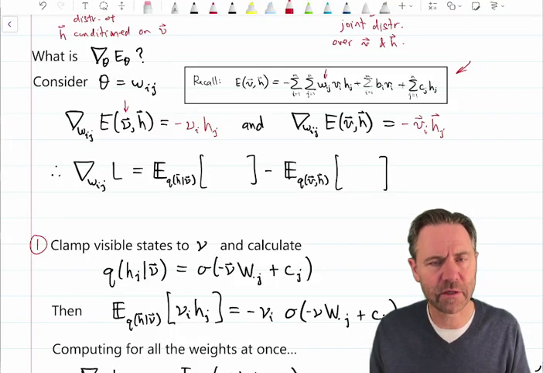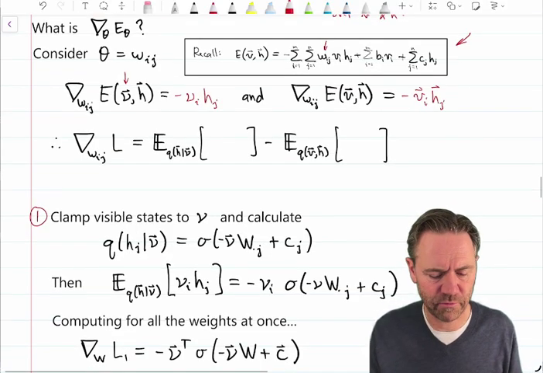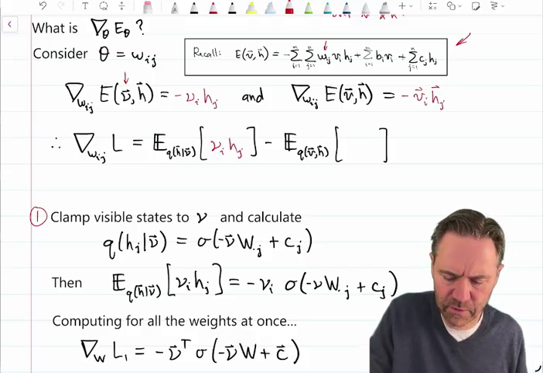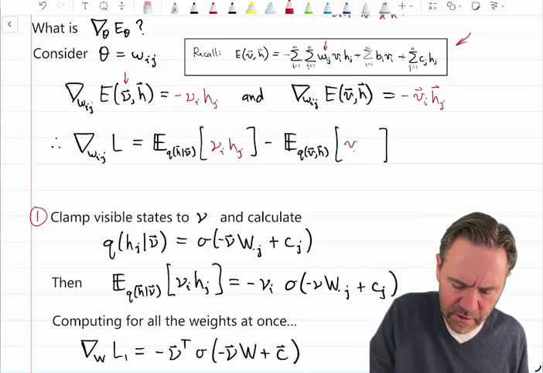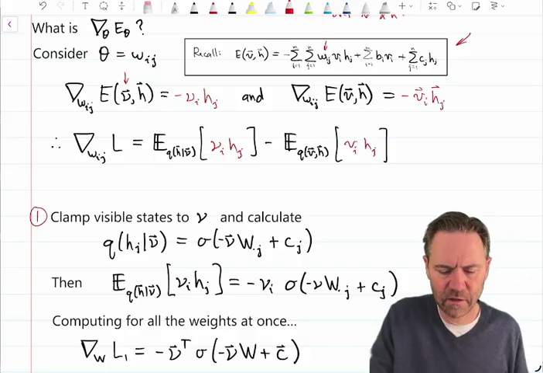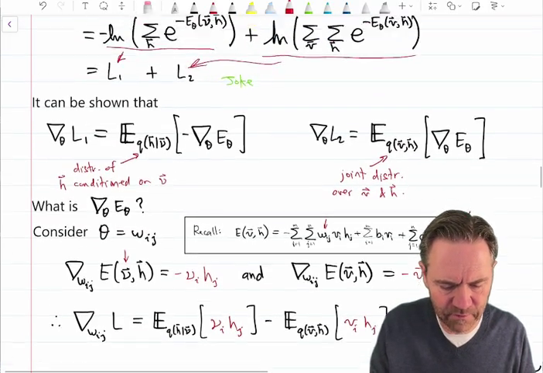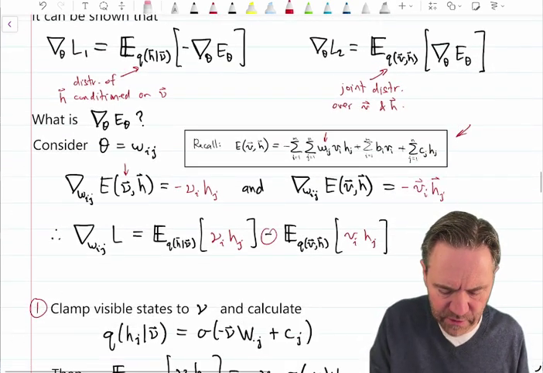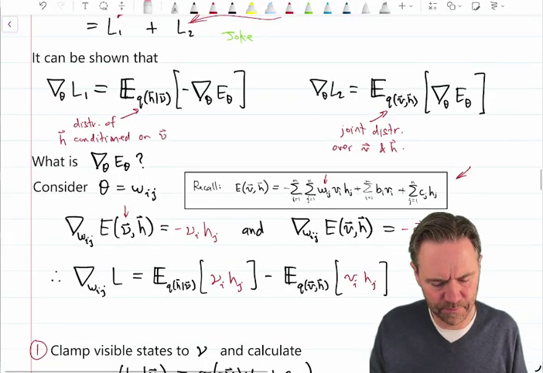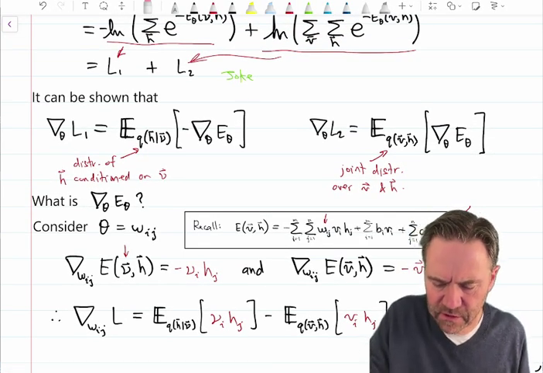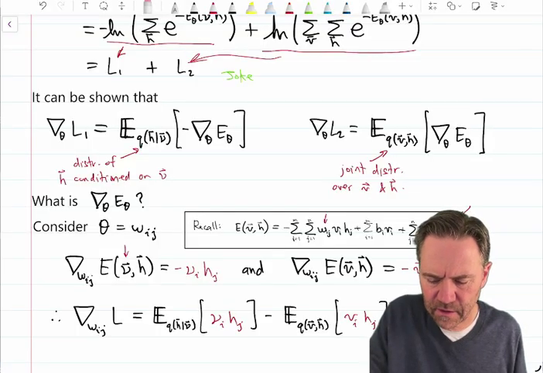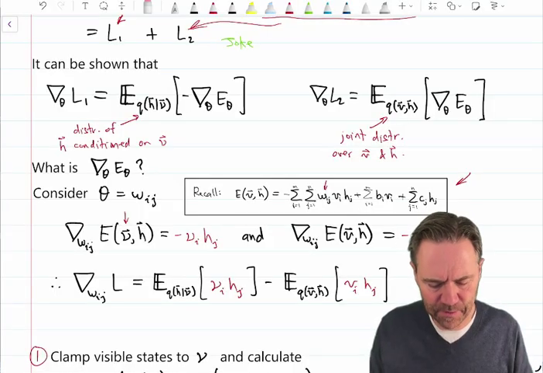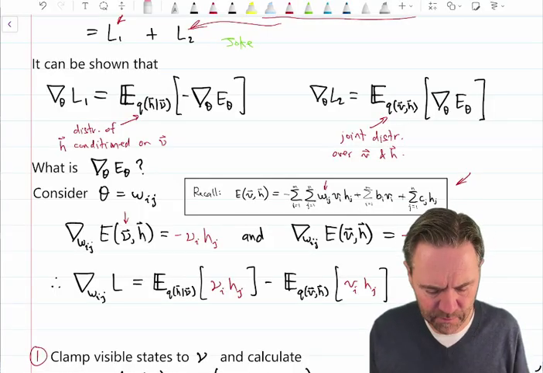So therefore, the gradient of L with respect to weight Wij is, for this first one, Vi times Hj. This other one is Vi Hj. And I've accounted for the minus signs by flipping signs. See, they were just added together before, but now there's a minus sign in front of this one. Oh, and there's a minus. I think that's where that minus sign comes from. Anyway, you can work it out. There's sign flipping, but it should be consistent.